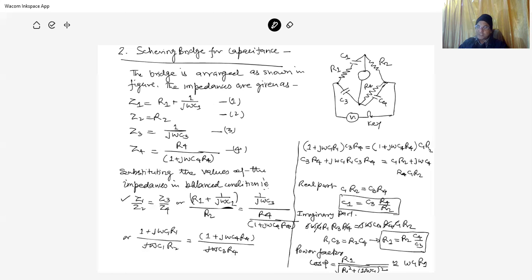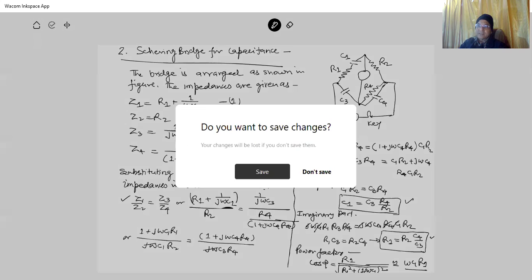Now simplifying this equation and equating the real part and imaginary part, as in the previous case, C1 is equal to C3 R4 by R2, and from the imaginary part we have R1 is equal to R2 C4 by C3, and the power factor is given by the same kind of simple expression.